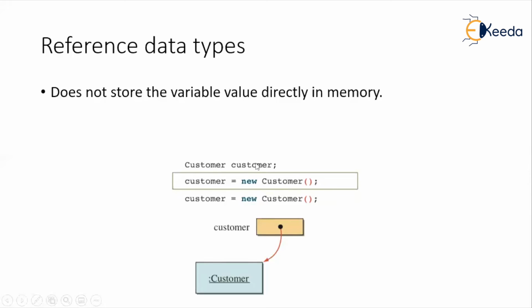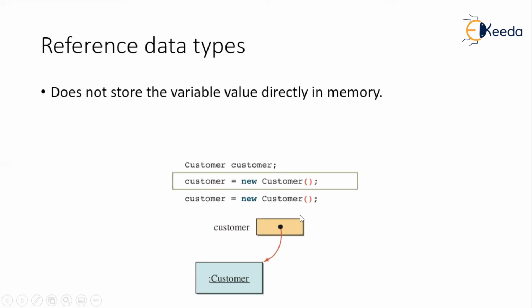Now, this reference will be represented as an object when we are initializing this reference with the object of this particular class. In short, because this customer is of type Customer class, it can hold an object of the class. This is the syntax of object creation, and this customer now will refer to the object created in the memory.